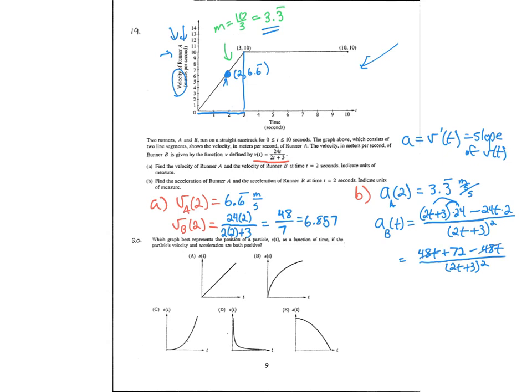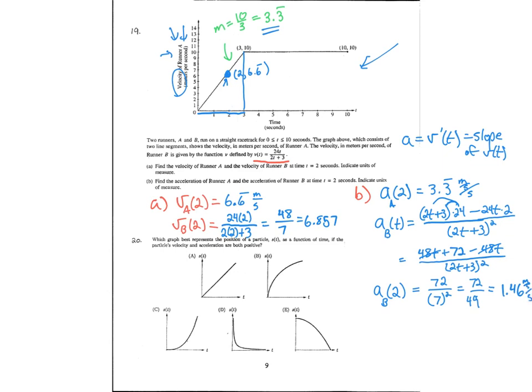From there, if we find the acceleration at time 2 by just plugging in 2, we'll get 72 divided by 7 squared, 72 divided by 49, which is 1.46 meters per second.